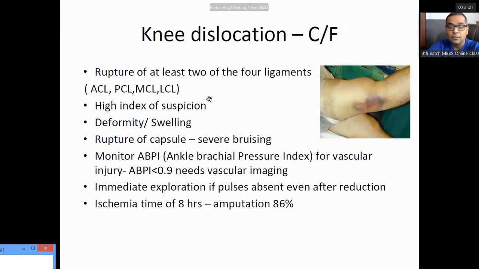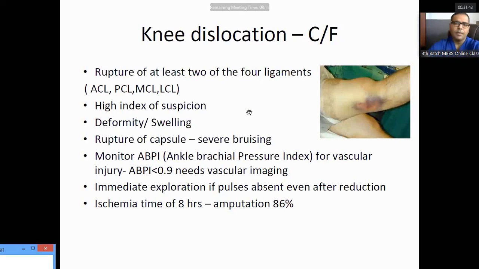As 50% present self-reduced, we should have a high index of suspicion. There may not always be obvious deformity, but we should be suspicious with large swelling. If there is rupture of the capsule, there might be severe bruising, like in this picture.